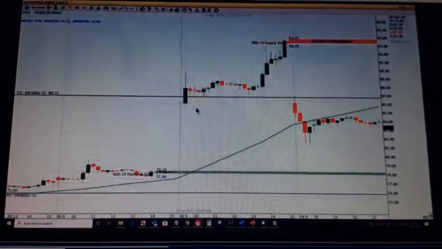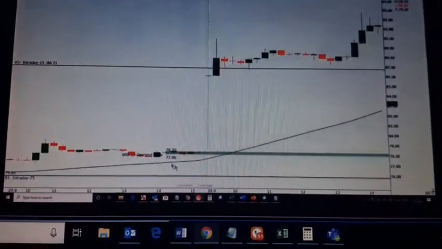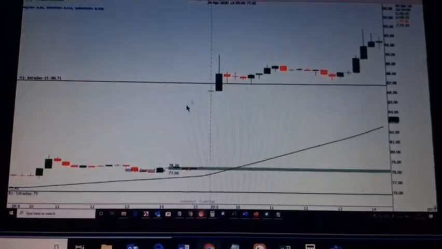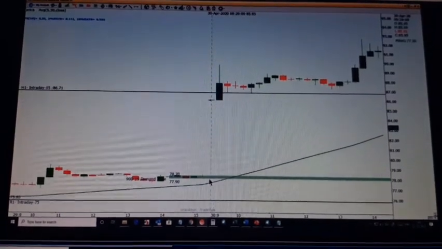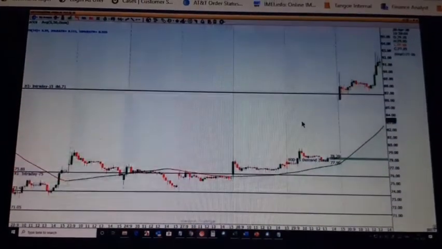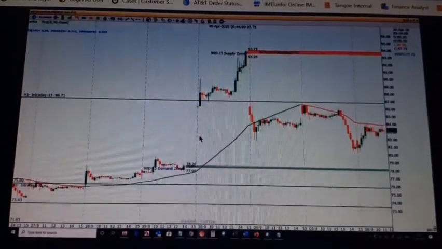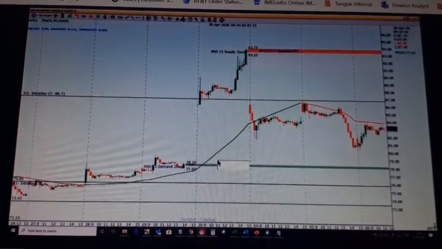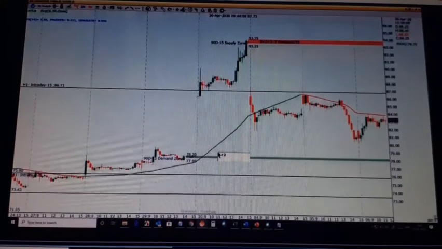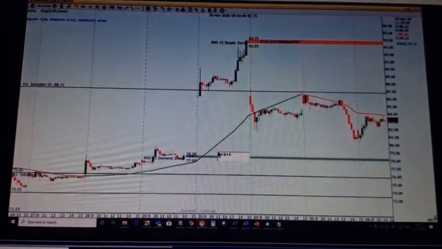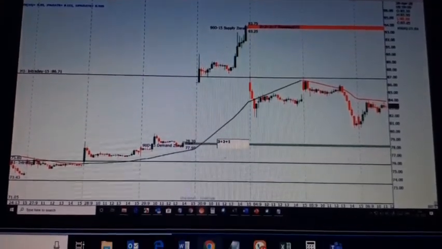Now here the score is rally base rally. Okay. What will be the score of this zone? 6. Yes, we are losing 1 point on the time spent on the base. So 3 plus 2 plus 1. Okay.